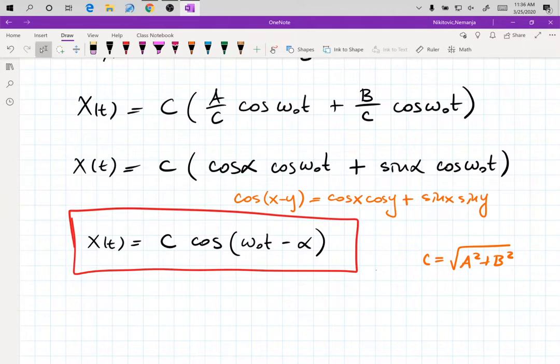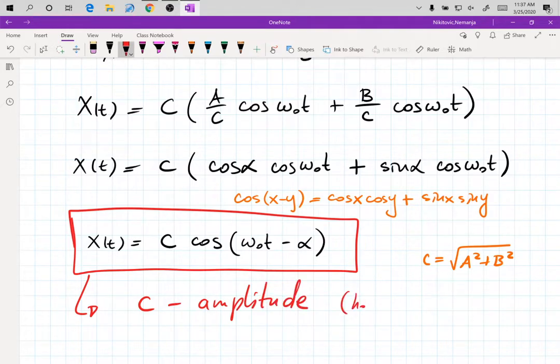All right, so now what we have here is C is the amplitude. I'll put in a parenthesis, let's use purple, so it can stand out a little bit.